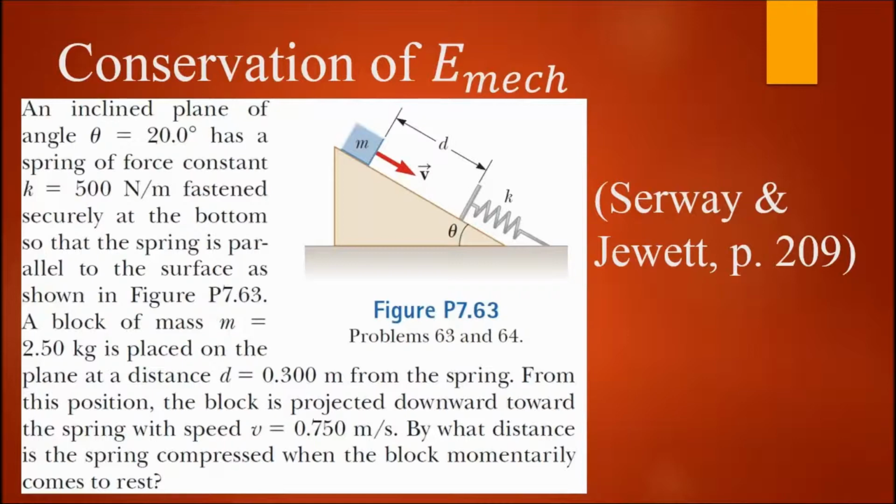From this position, the block is projected downwards toward the spring with speed equal to 0.750 meters per second. By what distance is the spring compressed when the block momentarily comes to rest? We will assume that there is no friction on the plane and that the spring is not deformed.